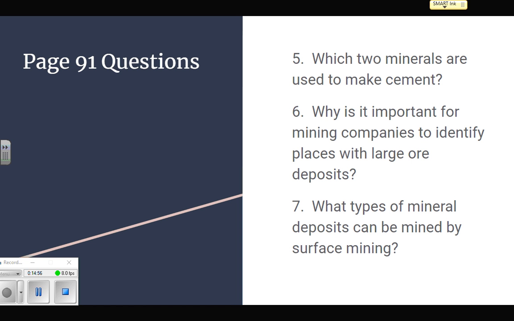Question 6. Why is it important for mining companies to identify places with large ore deposits?